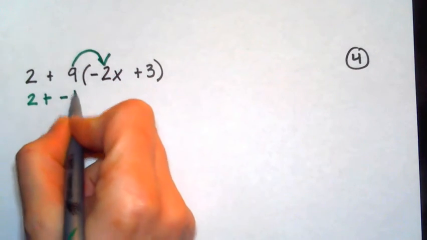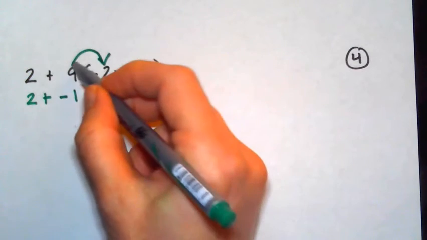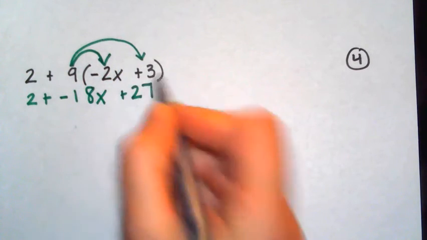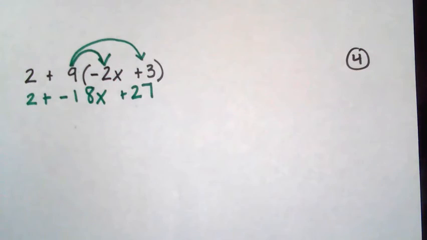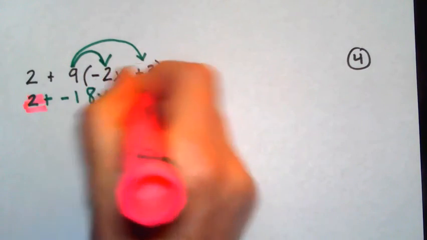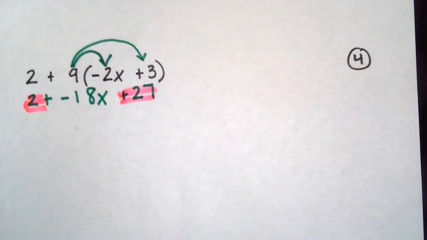That's negative 18x. 9 times 3 is 27. I'll do my constants in pink. I got a 2 and I got a plus. This pink marker is not got much life left in it. Plus 27.